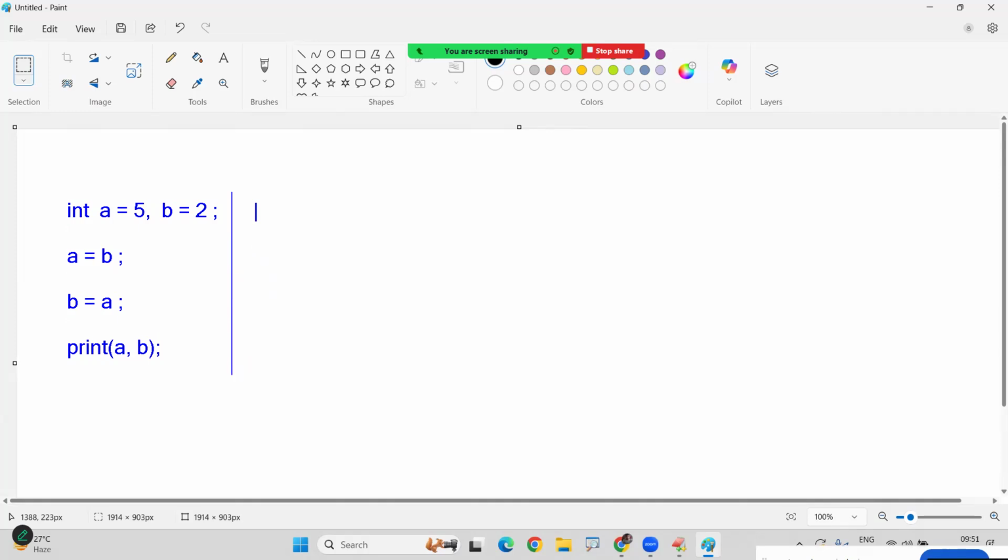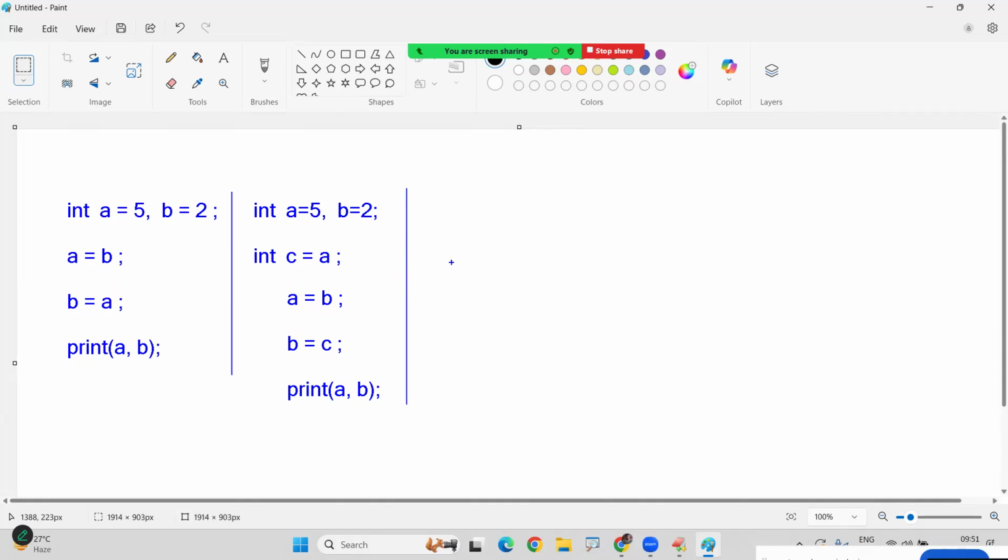Multiple I'll give. a equals 5. Please note down this. b equals 2. But I'm taking one variable a and into a I'm storing, into b I'm storing like this, a and b. Please don't think about the program.